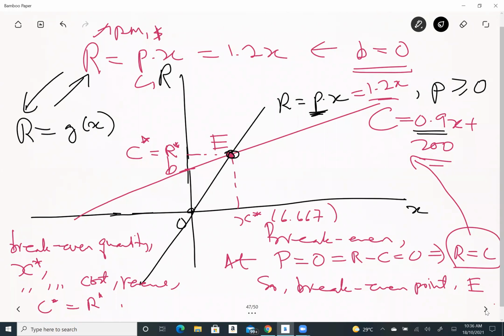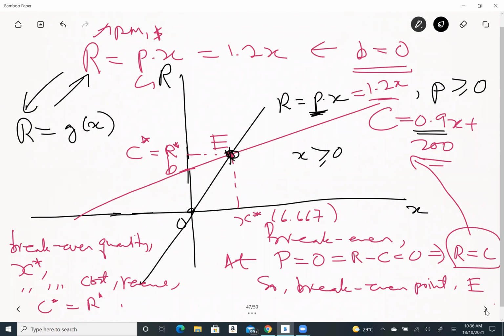If you have your price larger than the slope of the cost function, that is the average variable cost, so there will be an equilibrium. So you get equilibrium at x bigger than 0 or 0. Your P must be bigger or equal to that slope of the cost function.